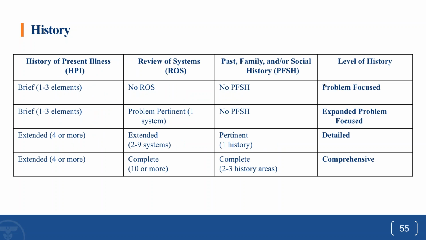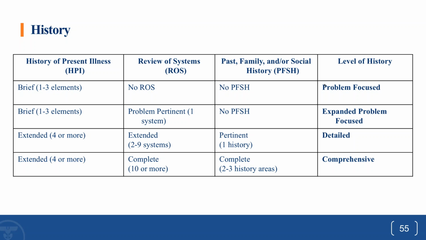Do you see that third column, where it says past family and or social history? Do you see that? They have it there. So I'm sorry, if they pick one of these systems, if they just take it from the past history, it's considered pertinent. I kept saying brief. It's considered pertinent.